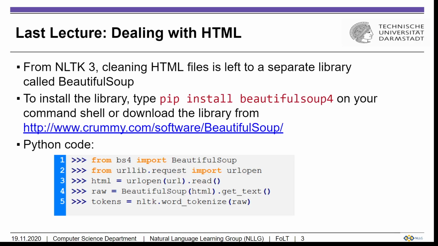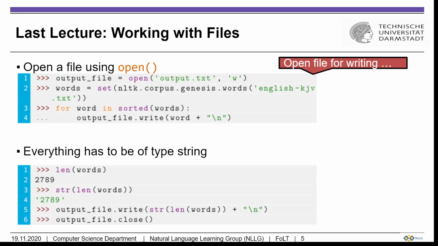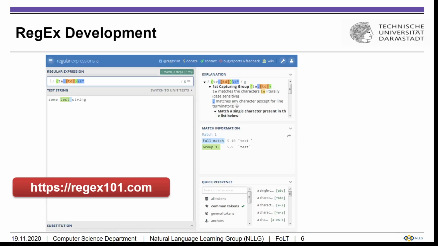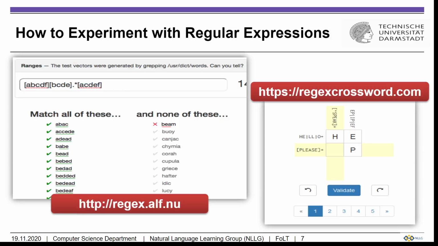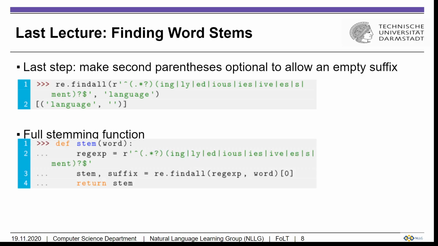The last lecture was about dealing with HTML, working with files, opening files, and writing and closing files. We've seen regular expressions, and we did some experiments with regular expressions, and in particular applied this to some NLP problem, such as the finding of the stems of words.